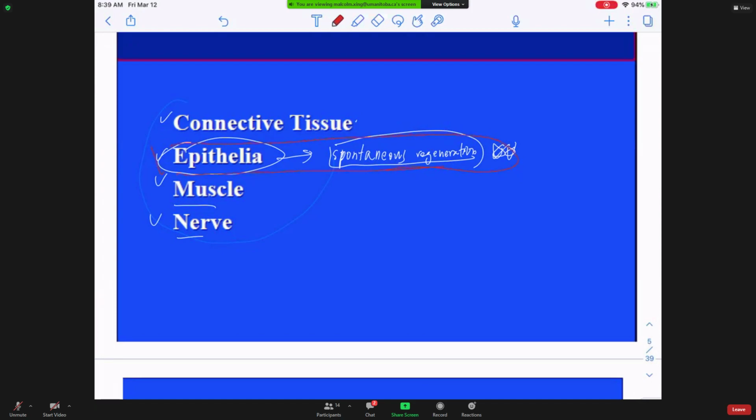For example, if nerve tissue in the brain gets injured, scar tissue will be produced. Scar tissue is a lot of collagen fibers with pretty high stiffness. So in the brain, scar tissue happens, that's a stroke.